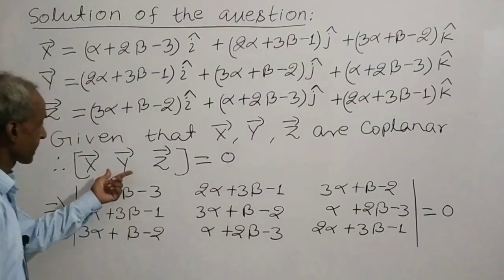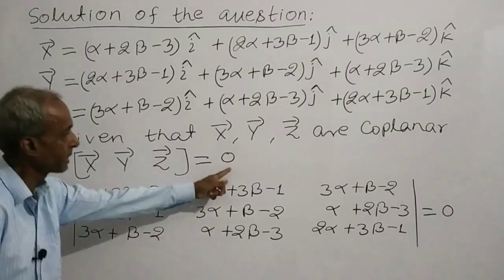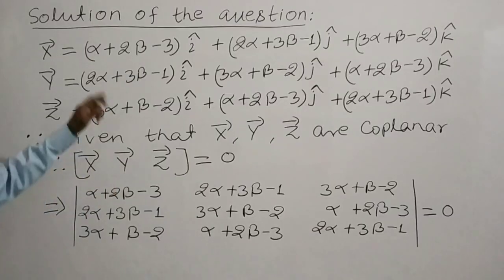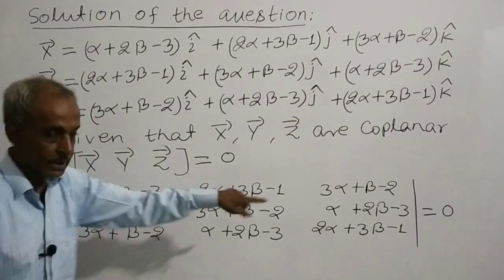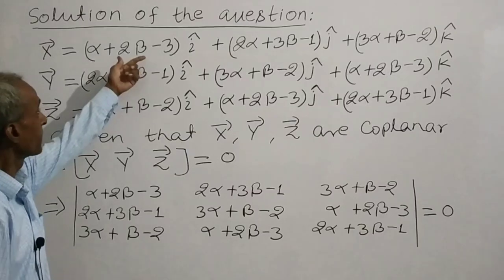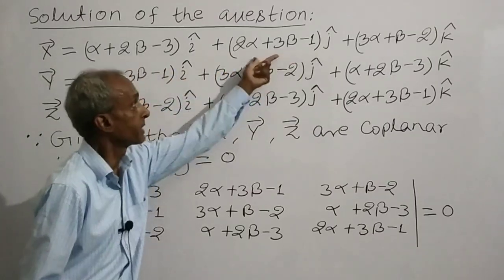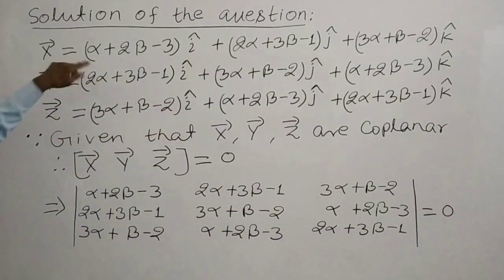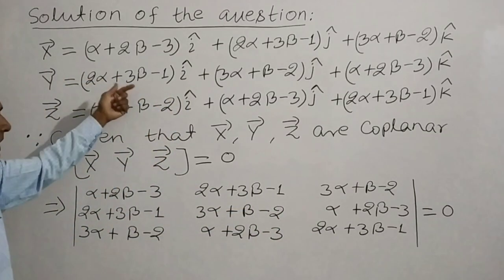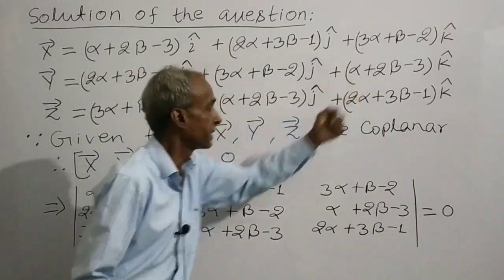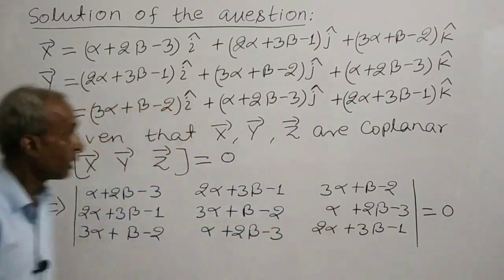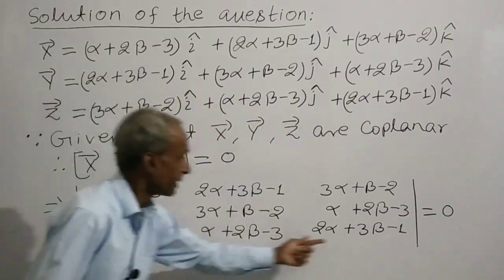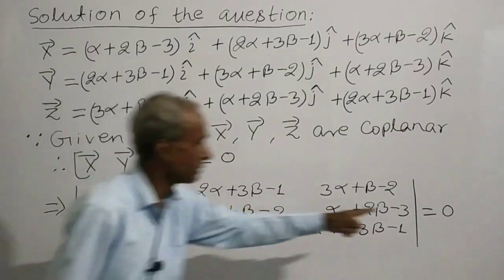Therefore, we know that the scalar triple product of these three vectors will be equal to 0, and it will be equal to a determinant in which in the first row we write the coefficient of i, coefficient of j, coefficient of k in vector X. Similarly, the coefficients of i, j, k in the second row, and the coefficients of i, j and k in the third row. This determinant will be equal to 0.